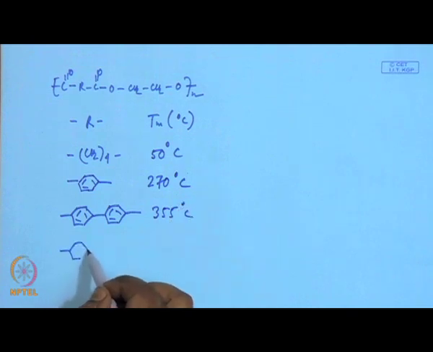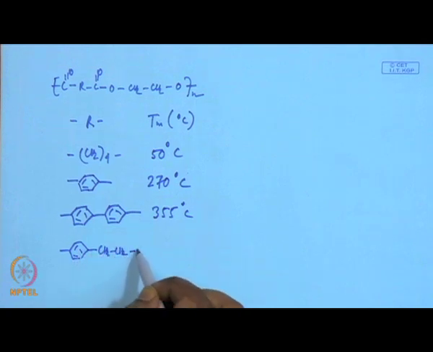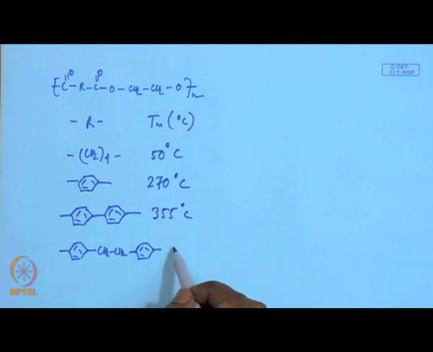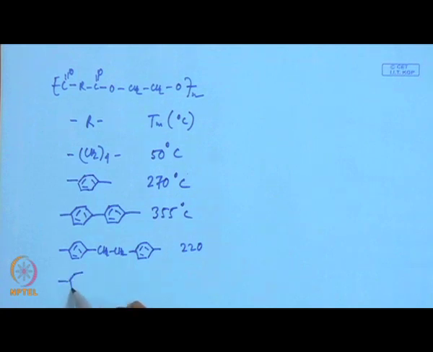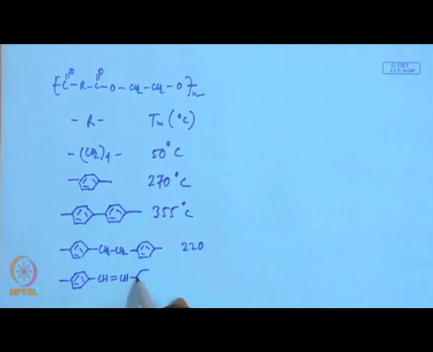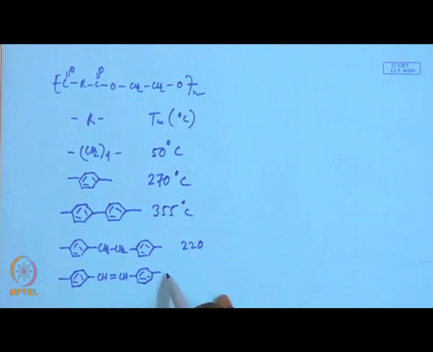If you introduce a flexible group in between, then Tm goes down, whereas instead of CH2 CH2, if you have an olefin group which makes the chain even stiffer, then your Tm goes up drastically.